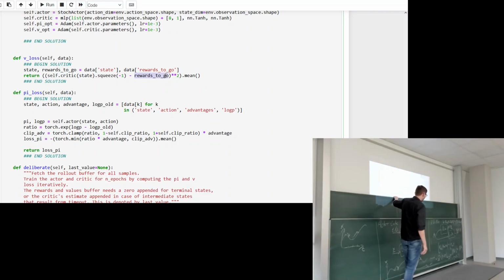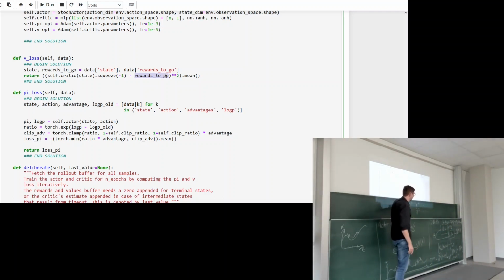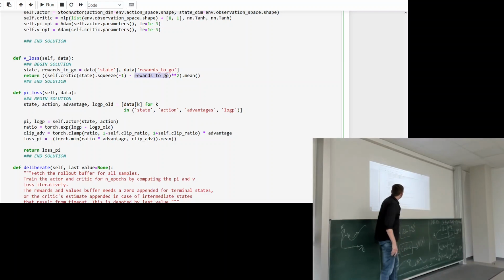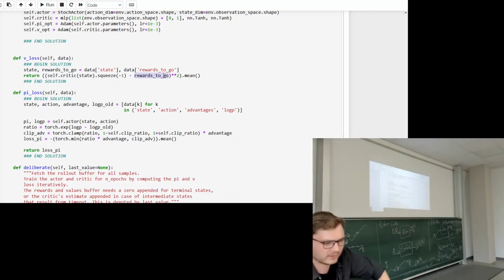For the simplest approach, I only have the reward plus gamma times that. But if I have the data available, if I have this rollout buffer, then I can also have the reward plus gamma times the reward of the step after that, plus gamma squared times the reward after that, and so on. And this is what we call the rewards to go here. So it's the accumulated discounted rewards in the whole buffer.